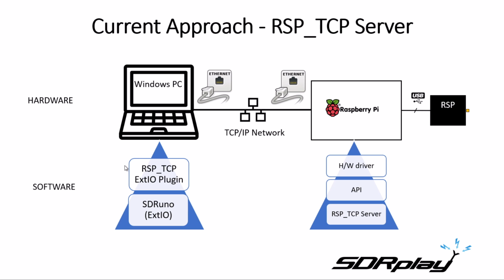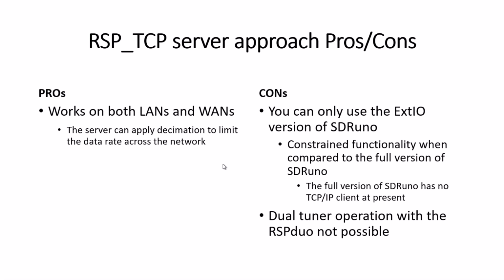But in other regards you're limited to the EXTIO version of SDRuno, and we know that hasn't had the same level of development as the RSP version of SDRuno over the last couple of years. So that's really how the current system works for remote RSP access.